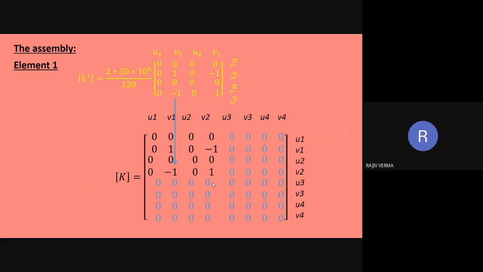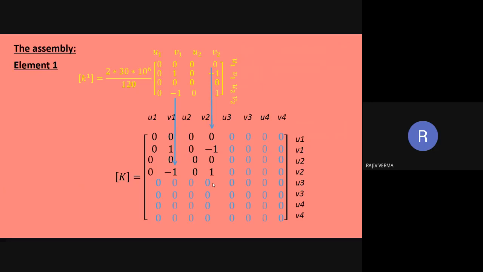So this -1 from the local frame to the global frame comes at this location, and similarly 0 from the local to the global frame. The stiffness matrix of element number 1 is indicated in black, so you can know the positions which are going to be utilized by the stiffness matrix of element number 1 in the global matrix.